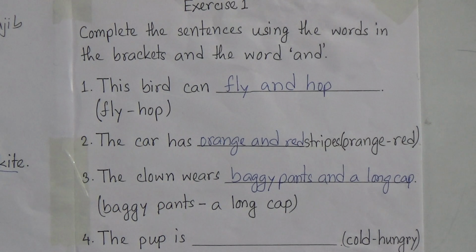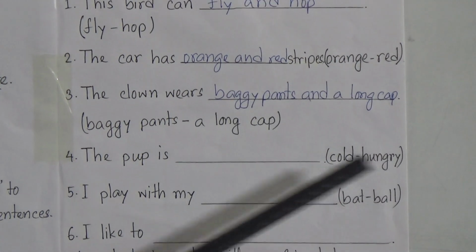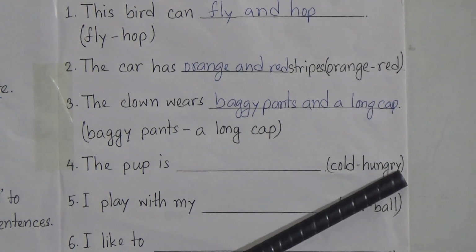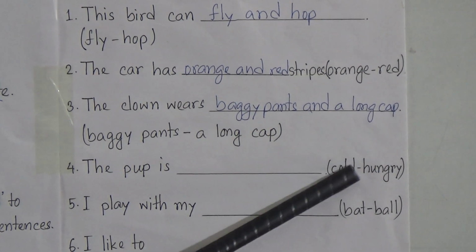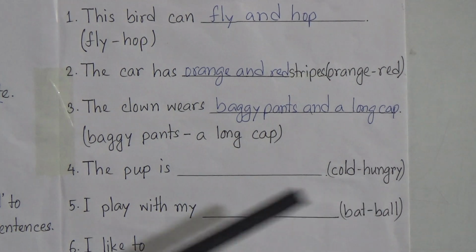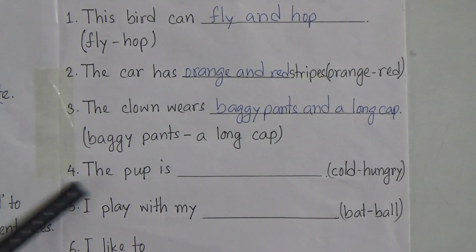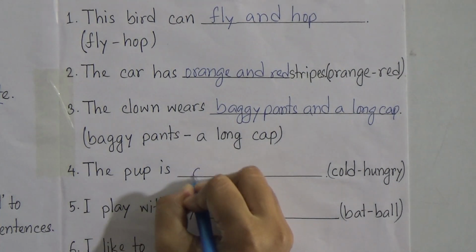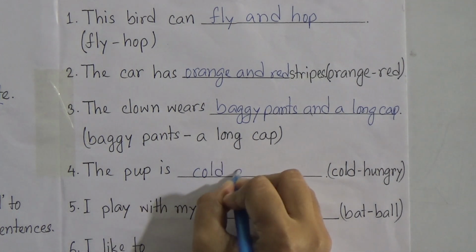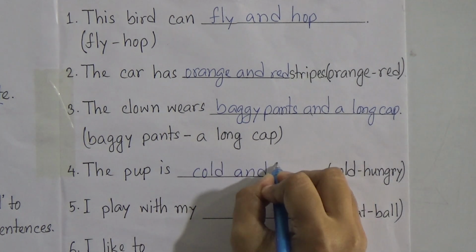Now number 4: The pup is dash, cold, hungry. Now look, there are two words. Now we will join these two words with "and," what will be our answer? Yes, you are correct. The pup is cold and hungry.